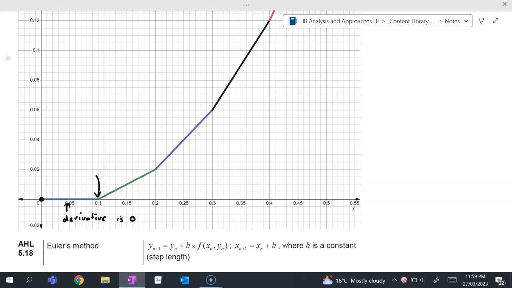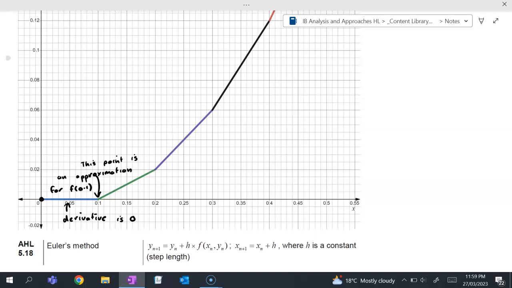Now, based off of that, we're saying that this point is an approximation for the value of the function at 0.1. And we're saying it's a pretty good approximation because it's close to the point of contact.